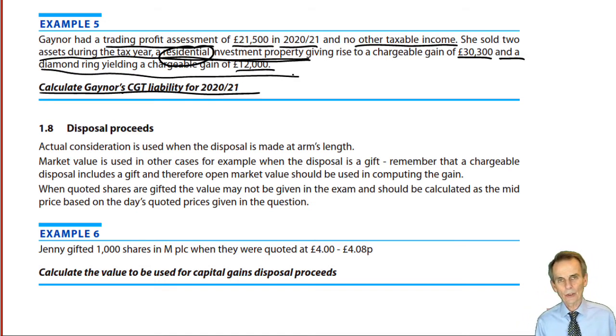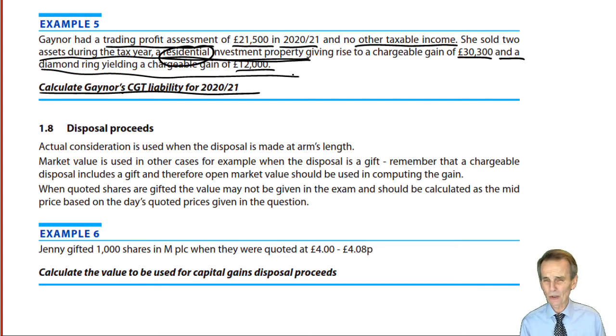Now, of course, we're given figures of gains. We need to establish taxable gains. To do that, we need to deduct our AEA from, well, there's 2 gains there. They've got to be kept separate. You need to make the decision from which gain would I firstly use and deduct my AEA.